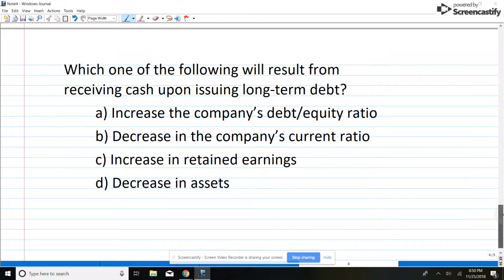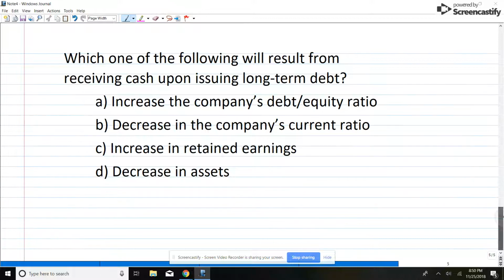Which one of the following will result from receiving cash upon issuing long-term debt? The way I would suggest doing this problem is to write out the T-charts or the accounting equation: assets equals liabilities plus shareholders' equity. And what's happening here?